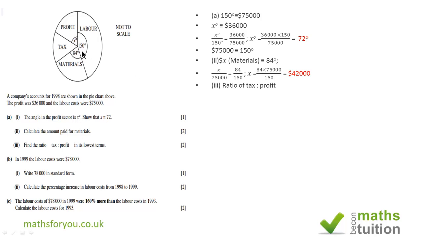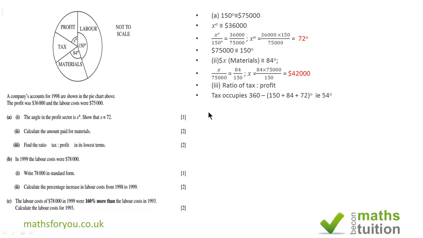So to find the angle occupied by the tax bill, we need to subtract 150, 84 and X from 360, and that's what we've got here. Which means that the tax occupies 54 degrees.